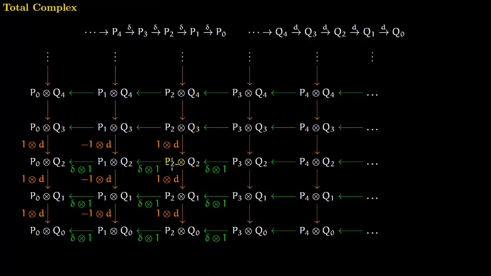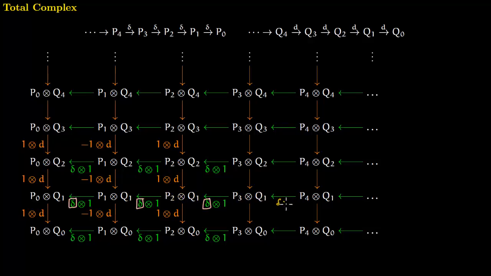Now these green arrows represent this delta right here. So it is going from P4 to P3 to P2 to P1 to P0, in every row. Nothing much has been done, and you just have the same delta which acts on P1 to P0, this delta acts from P2 to P1, and this delta acts from P3 to P2.